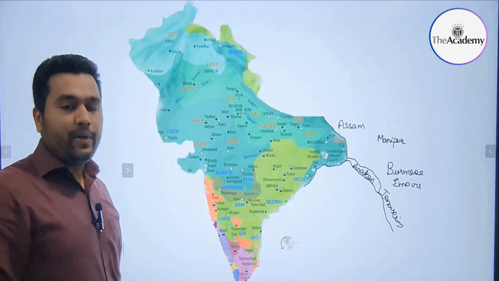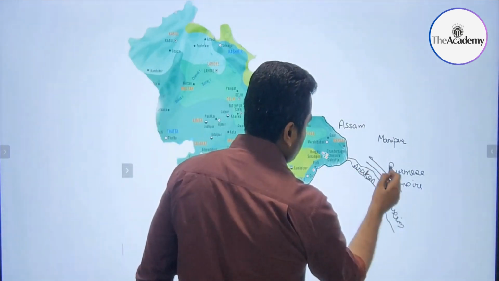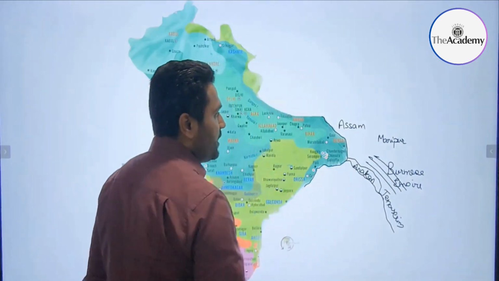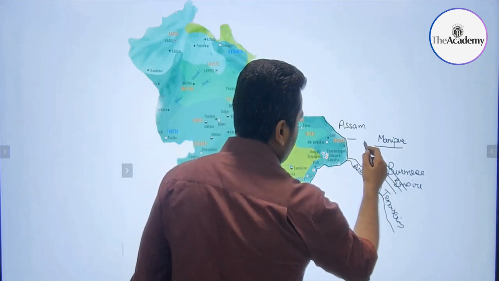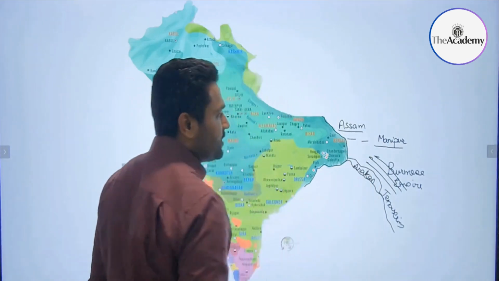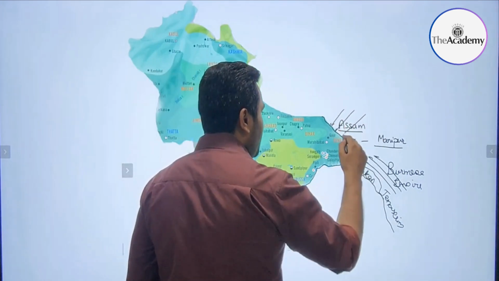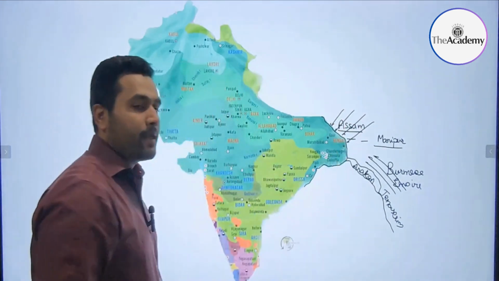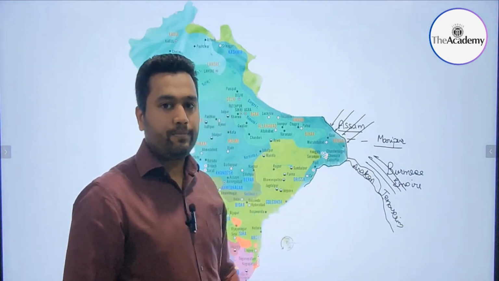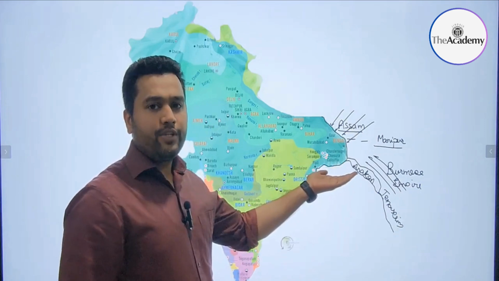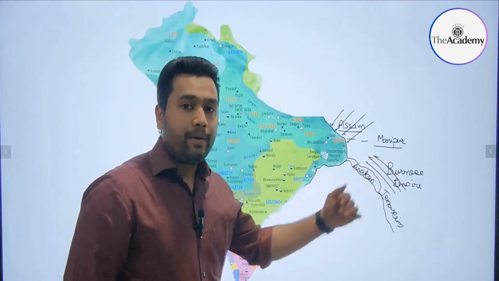It was in the 1820s that the Burmese army, which was chasing certain rebels, brought Manipur under its control, Jaintia, Kachar and even Assam under its control. And this Burmese army came to threaten the English possessions. And this was the background to the first Anglo-Burmese War. The British officials in Calcutta took measures and declared war on Burma.